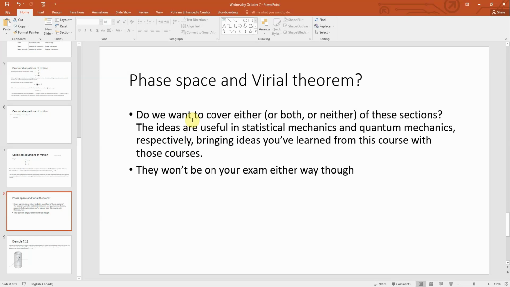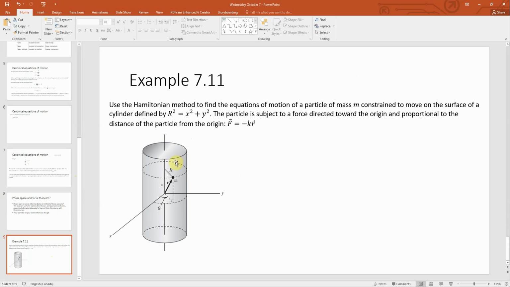So you'll probably be seeing those subjects in those courses, but I'm just wondering if you want to cover it here so you kind of have a jump on this. It's fine if you don't, they're not going to be on the exam either way. It's just basically if you want to understand these concepts in a classical mechanics setting before we see them in a quantum mechanics setting.